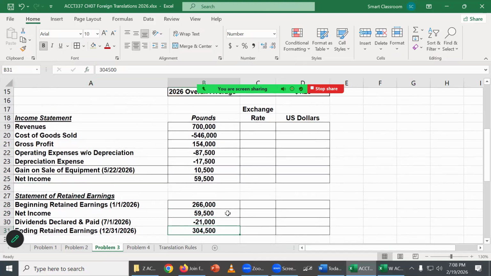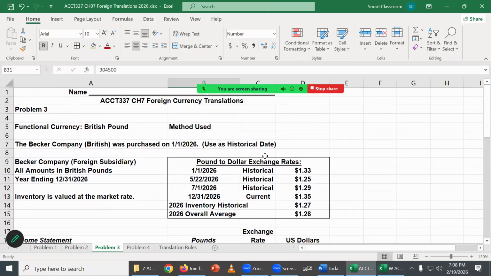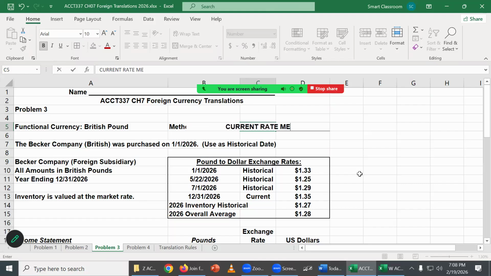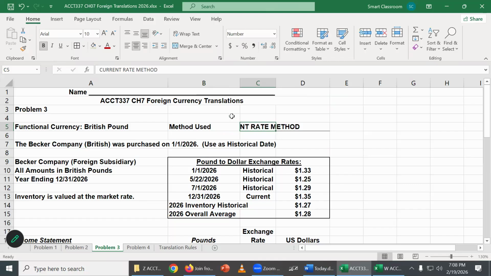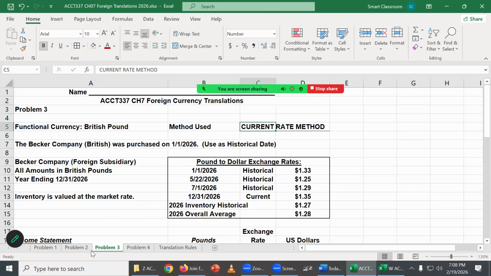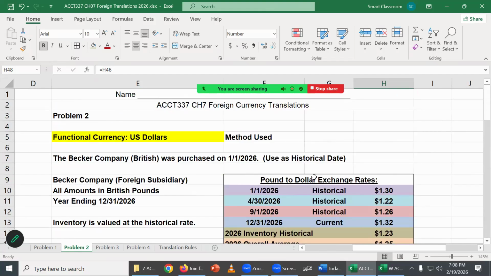So this first one will be the current rate method. Hey, I don't think I put the method up on the last one, did I? I did not.